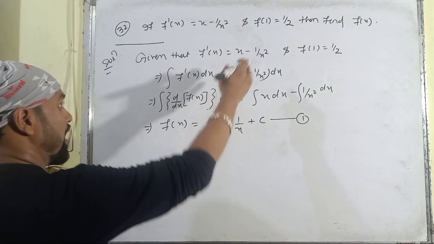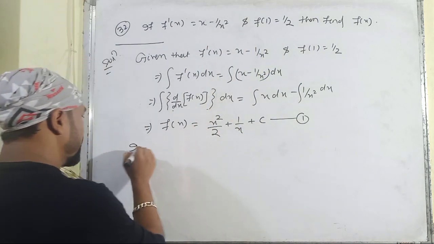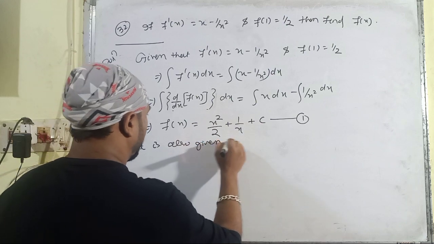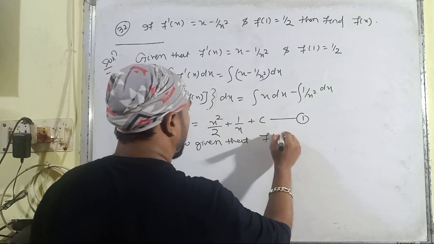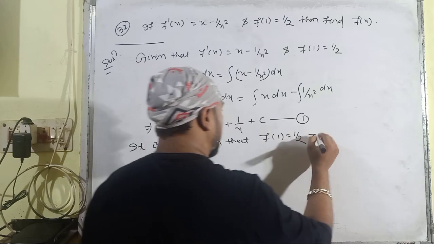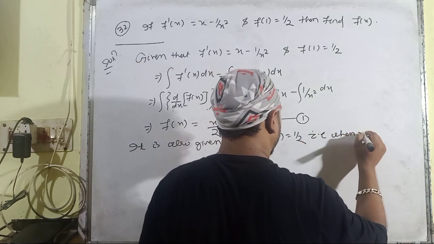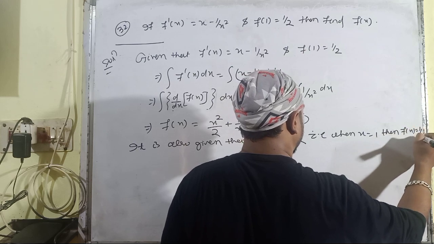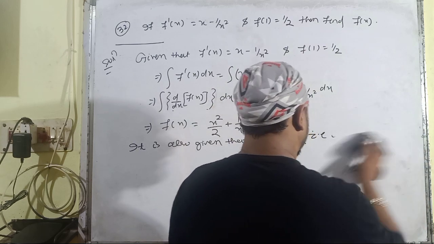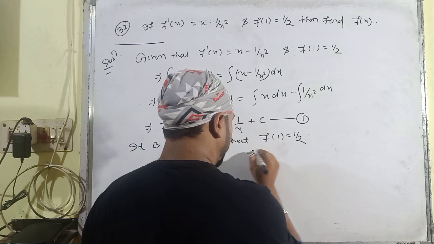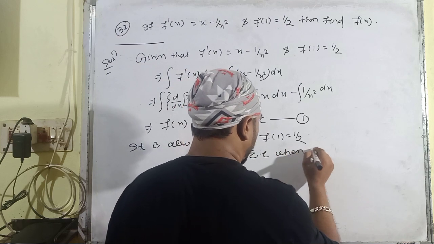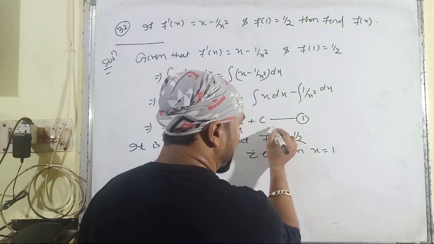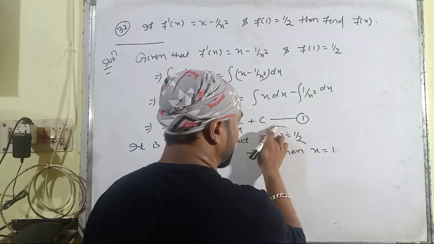So again we have to go through the given condition. It is also given that f of 1 is equal to 1 by 2. That is, when x is equal to 1, then f of x is equal to 1 by 2. Here also we can write down, that is, when the value of x is equal to 1, this is the value of x and this is the value of f of x.